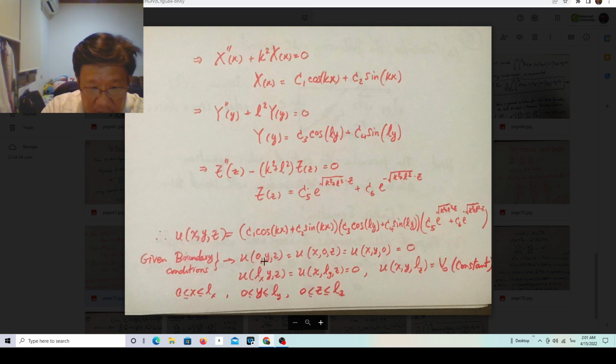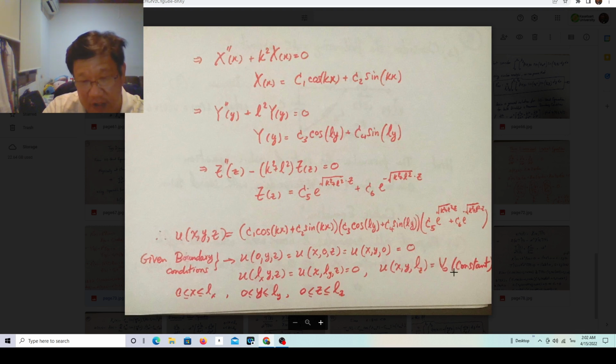In this case, we're going to assume that all boundary conditions are equal to 0, except here, at the upper limit of c. For all x, y, u of x, y at L sub c is equal to a constant value we call v sub 0.